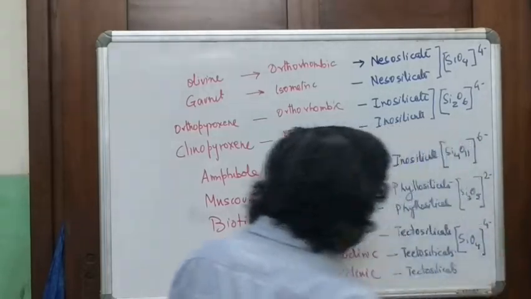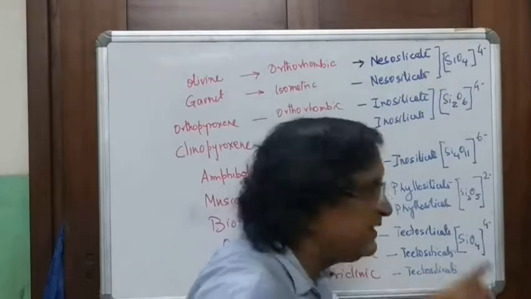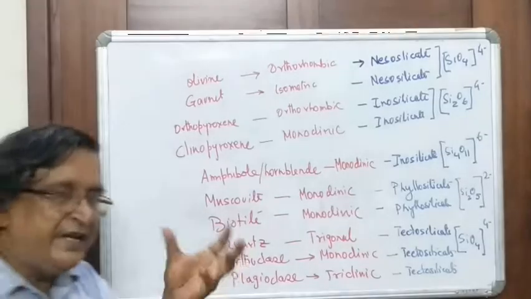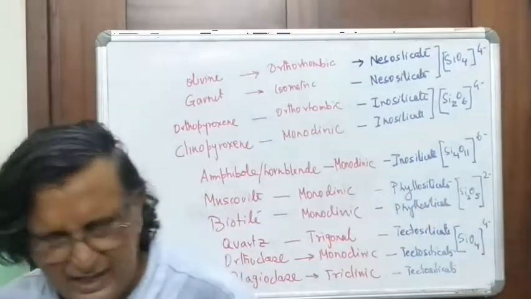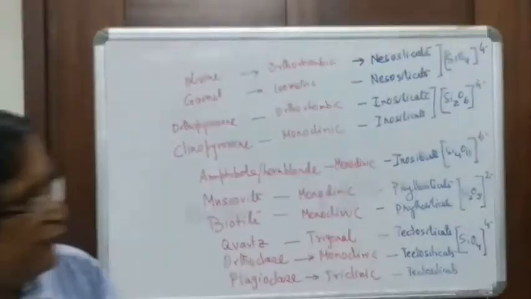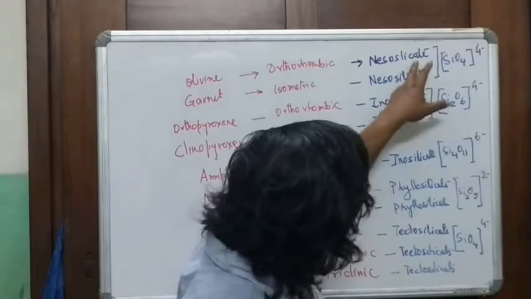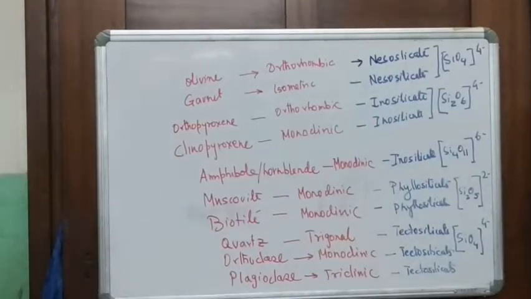You could ask why isn't this here? Because the structure of this and the structure of this are very different. Although the basic unit has a 4 minus, a basic structure of SiO4 4 minus, there's a large difference between the arrangement of silicon and oxygen here and between this and this. So you have to remember this. This is the most important part.